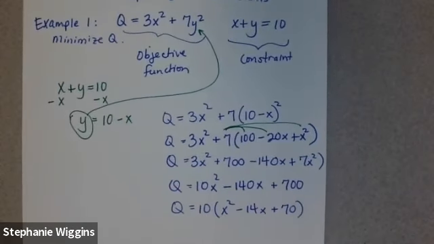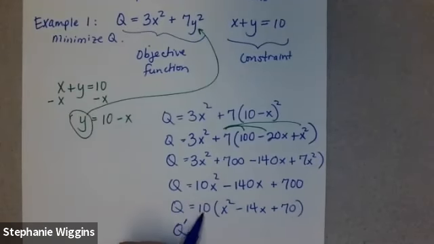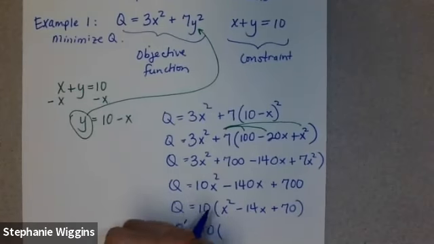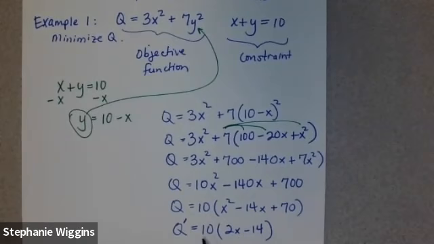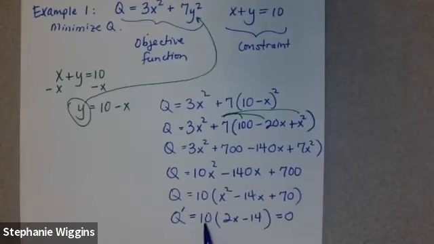At this point, now that we have a function that we're working with, we're going to go ahead and take the derivative to find the minimum value. And of course, the 10 is not going to change anything. So here we have 2x minus 14. If we set this derivative equal to 0, obviously 10 is never 0.